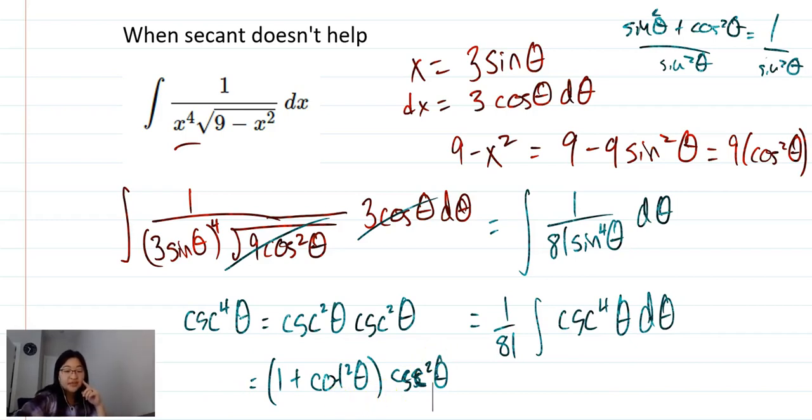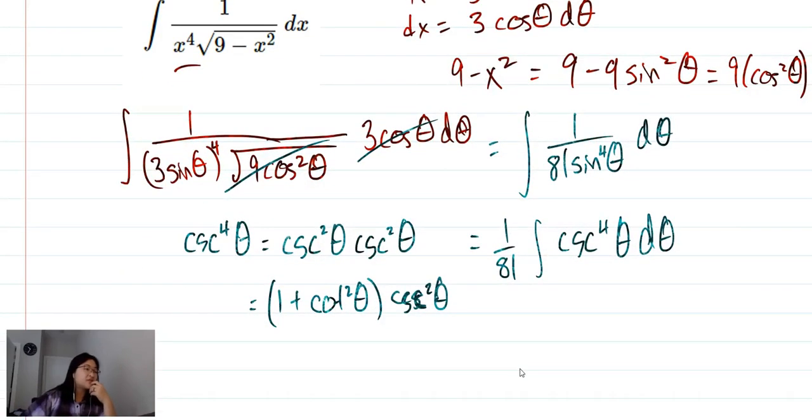Now I wonder if that's going to be helpful. Well, I guess we could do U substitution, right? Because the derivative of cotangent is negative cosecant squared. So how does that help us? Well, let's change to this one.